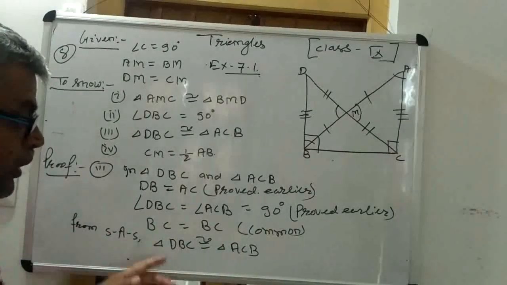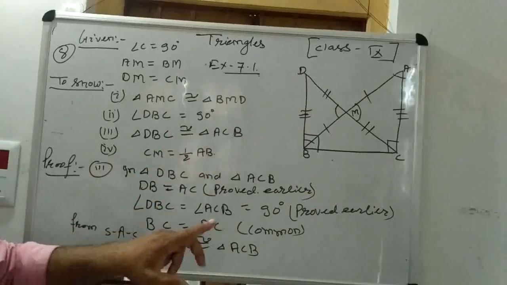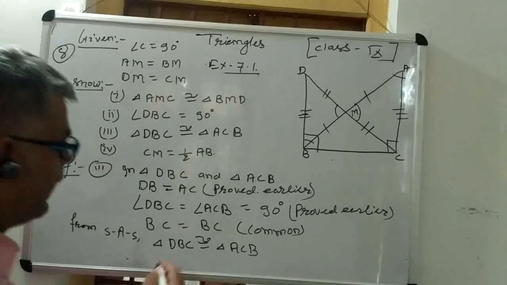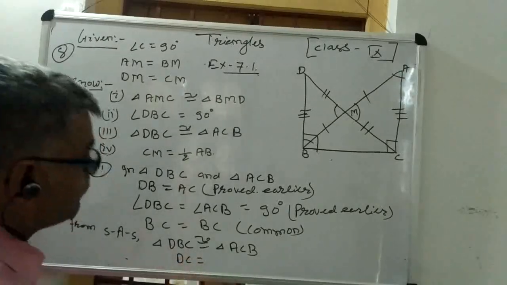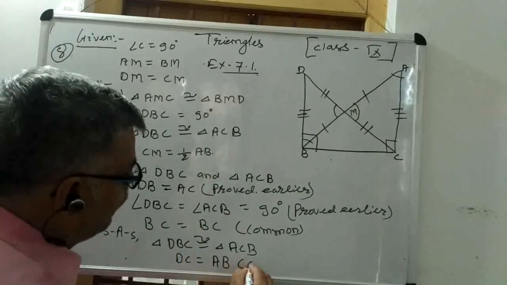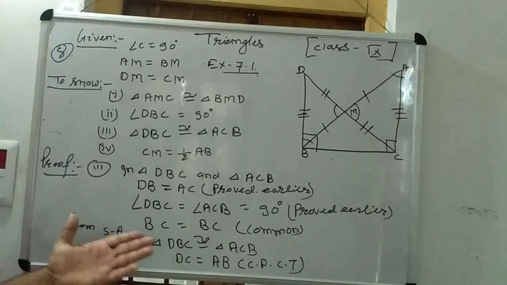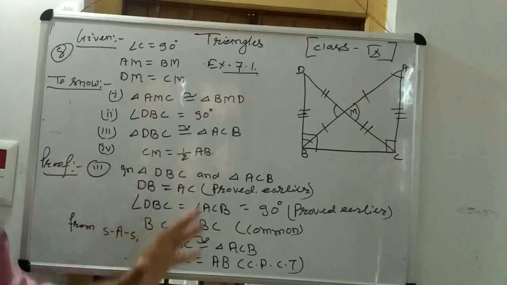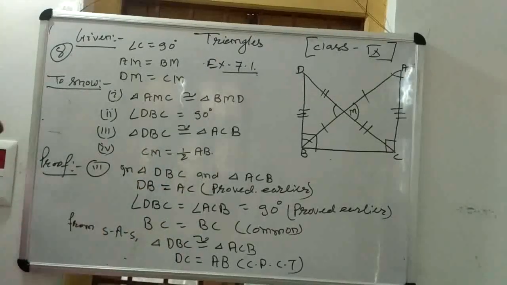Now from here we may conclude that when DBC is congruent to ACB, then we can write DC equals AB by the property of CPCT, which will help in proving the fourth part. So in this way your third part of this question has been proved.